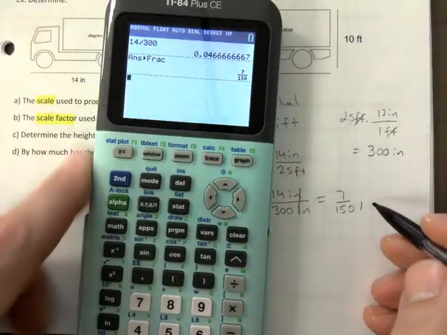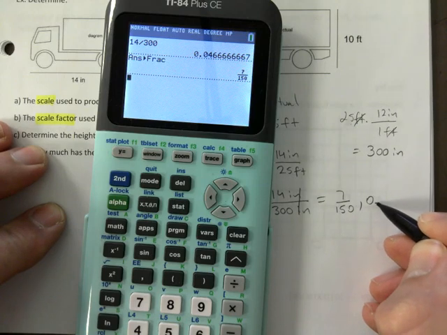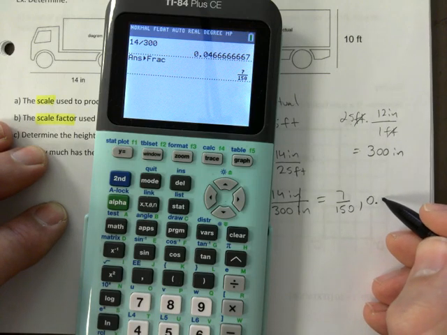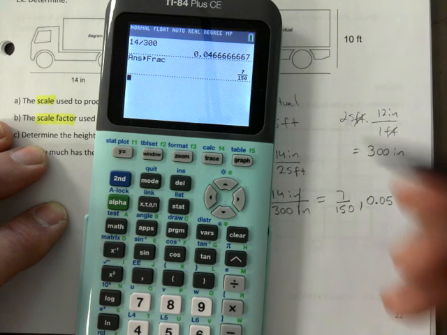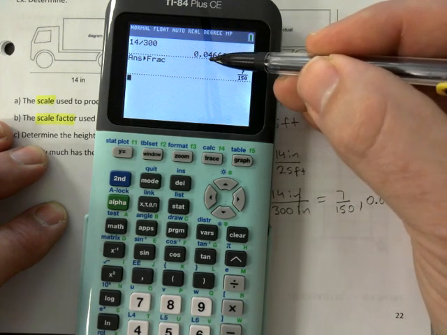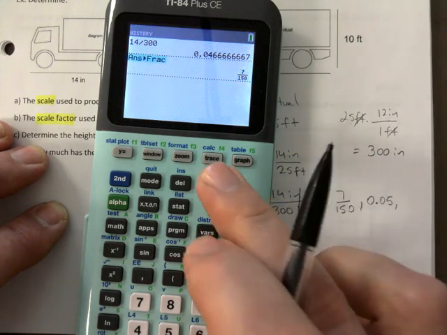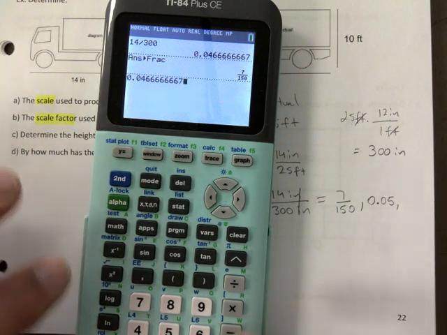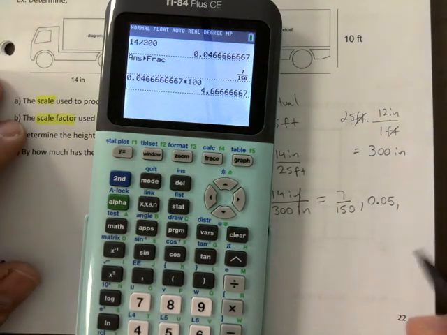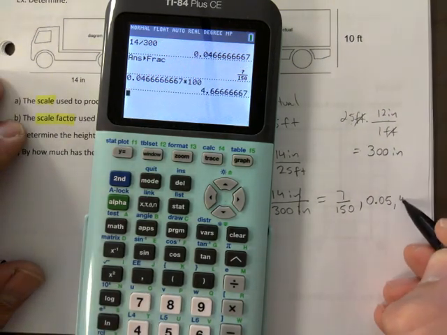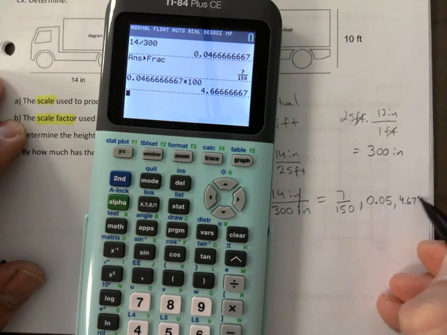So here's what I'm going to tell you to get ready for the provincial next year. You can go 0.05, right? If you round to 2 decimals, that 4 would jump to a 5. However, if you want that as a percentage, you need to take the original and multiply it by 100, which is 4.67%.